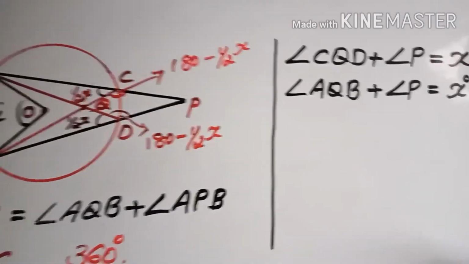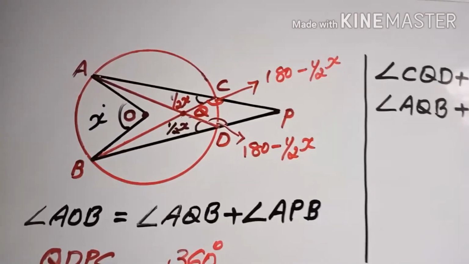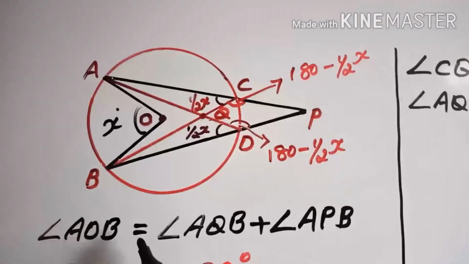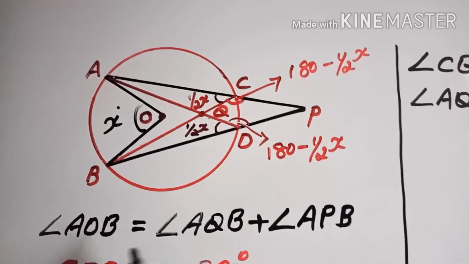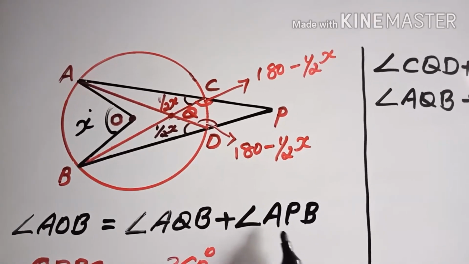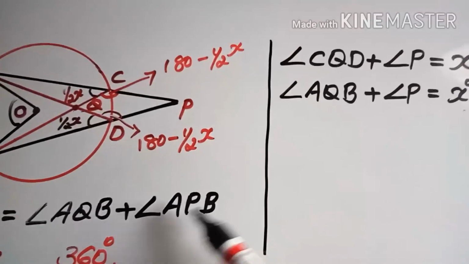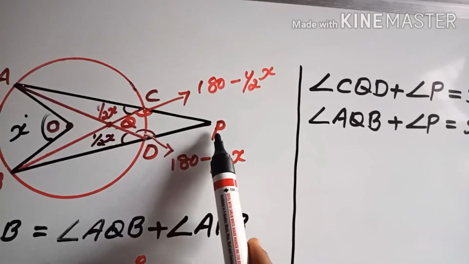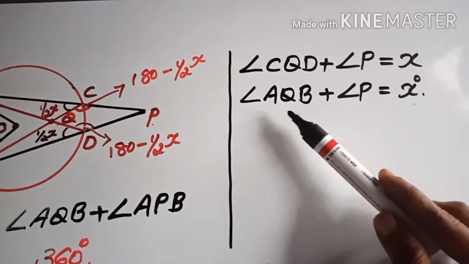Now check what we need to prove here: angle AOB, that is x degree, equals angle AQB plus angle APB. APB means angle P. So we proved the same here.